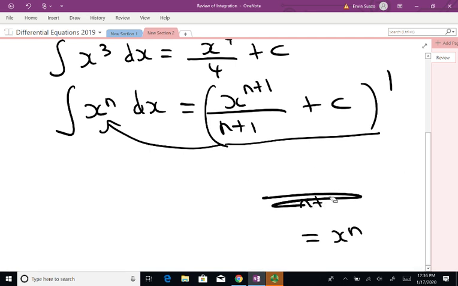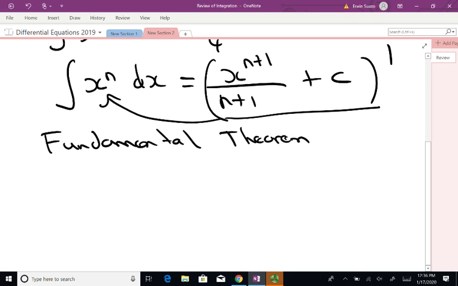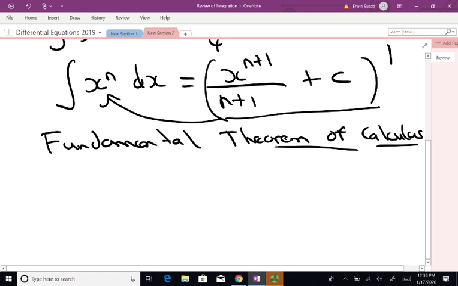And then this is called the fundamental theorem of calculus. Everything you learned in high school could be reduced to it.